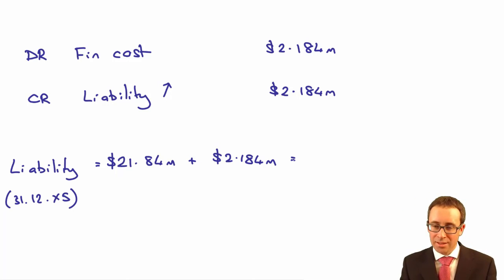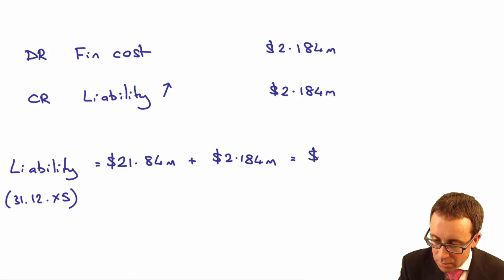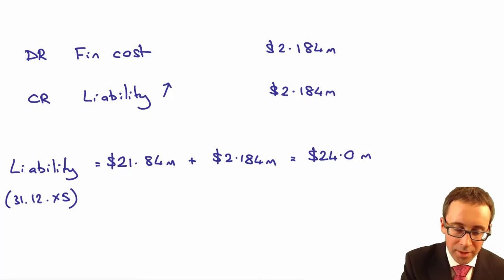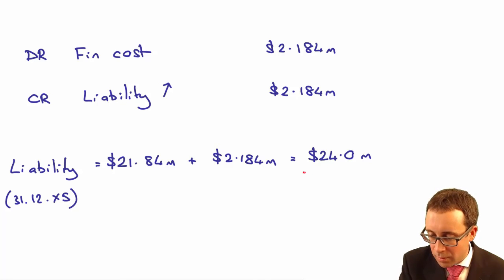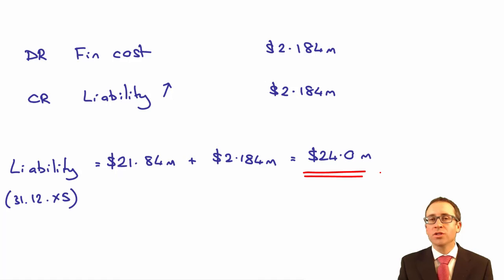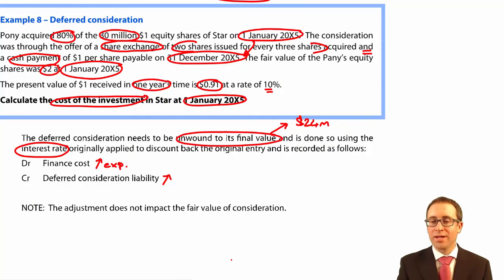If you go through there and add that across, there's a little bit of rounding, isn't there? 21.84 plus 2.184 comes to $24.0 million. I know it says 24.02, but the reason why it's not exact is because they said that 0.91 is the present value of $1 receivable in a year.